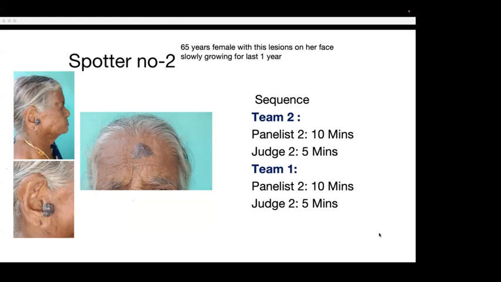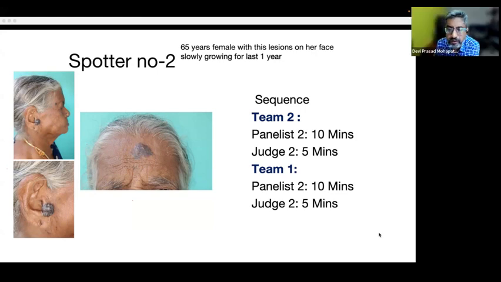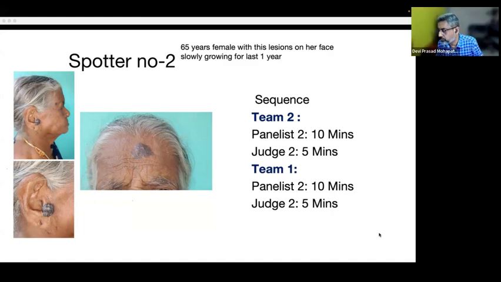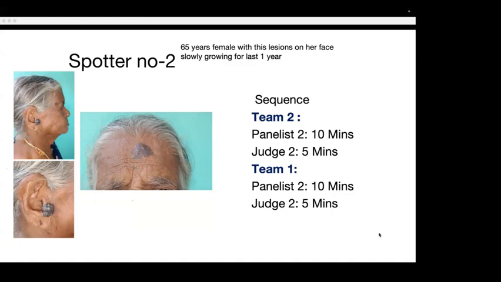Next team. What is the other clinico-pathological variant which is very common melanoma type in the face? Time is up, sir. Okay, then only that passed on question, Sir Gangaram, please answer that.